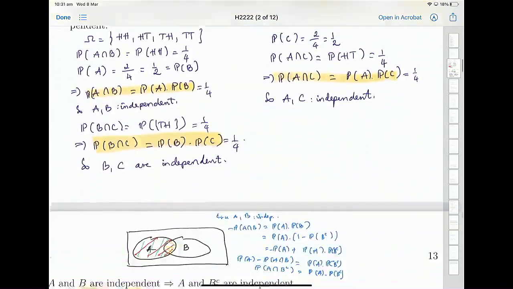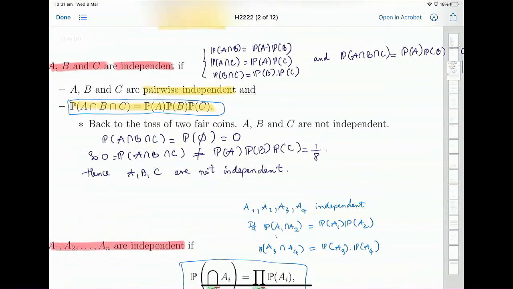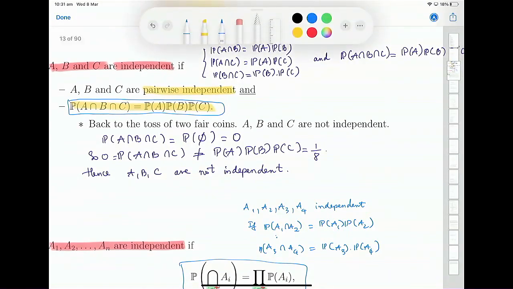A intersect B intersect C is empty, so the probability of A intersect B intersect C is 0. But the probability of A, probability of B, and probability of C is a half for each, so the product is 1/8. But the probability of A intersect B intersect C is 0, so you see that you cannot have this last equality here. Which means that A, B, C are not independent. All right.